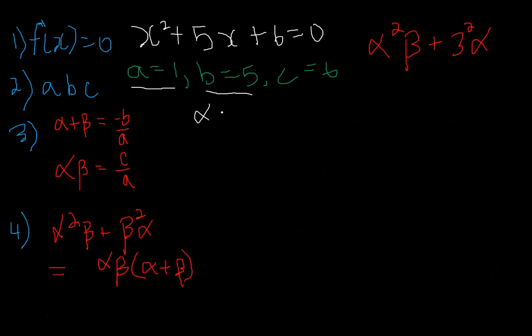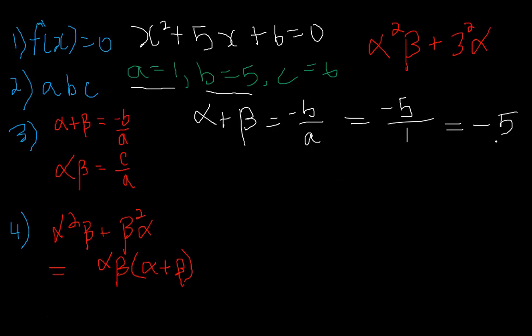So if I want to find alpha plus beta, and my formula is minus b over a, we know b is 5, so minus b in this case would be minus 5, and we know that a is 1, so you put 1 here. And minus 5 over 1 is minus 5.